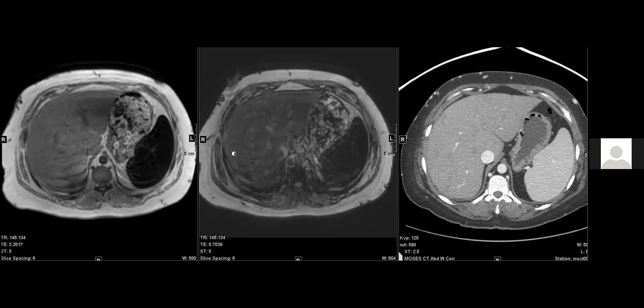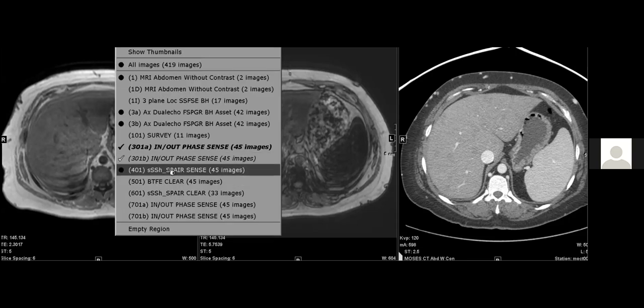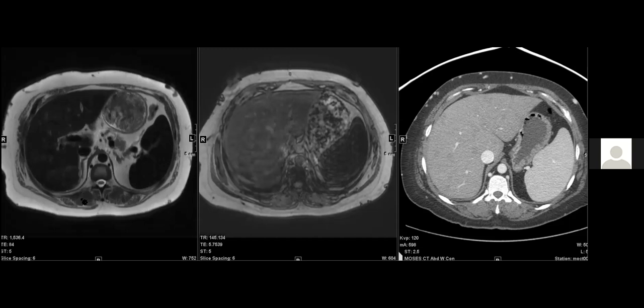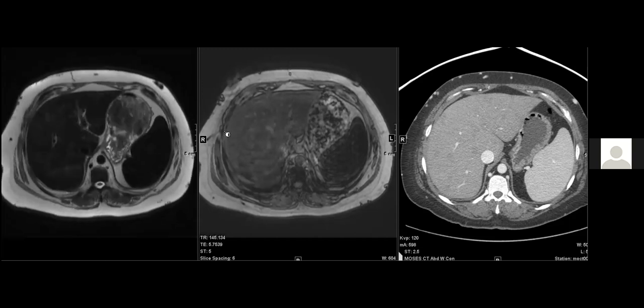So if this is all I showed you, you really can't tell if there's fat, iron, or both. When you look at the T2, the liver is fairly dark, darker than the paraspinal muscle. It's a 3 Tesla, so you know there's iron, but you can't tell if there's fat or not, because both will cause signal drop on this phase.